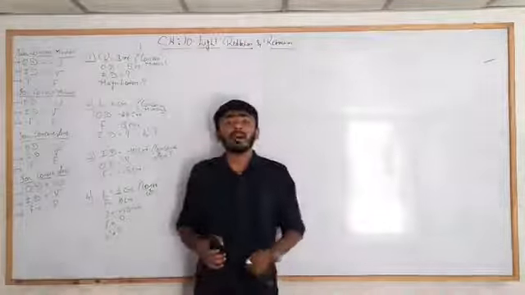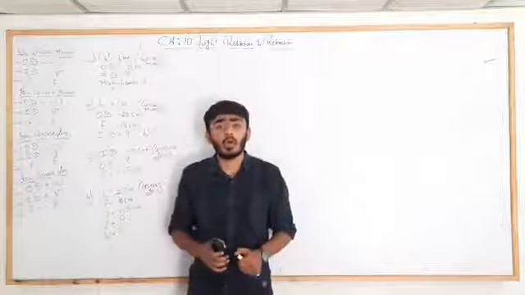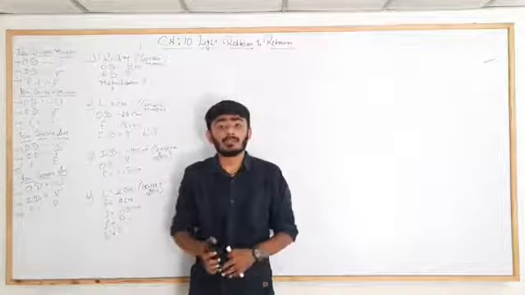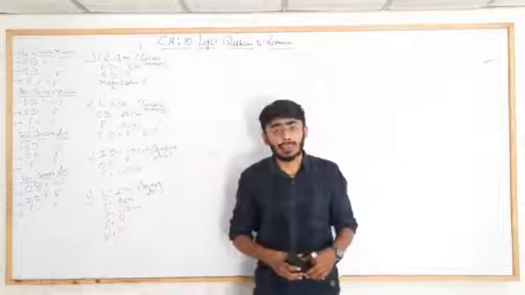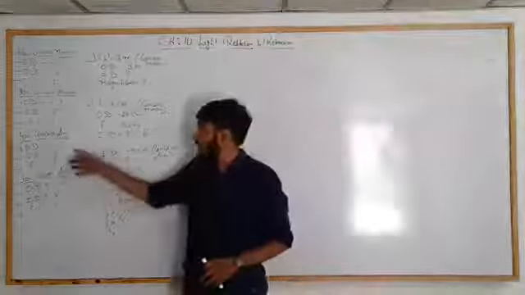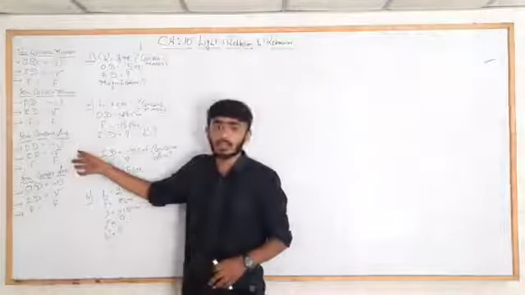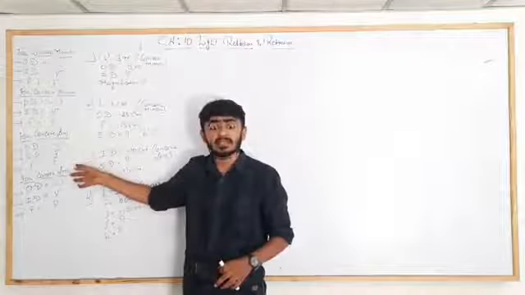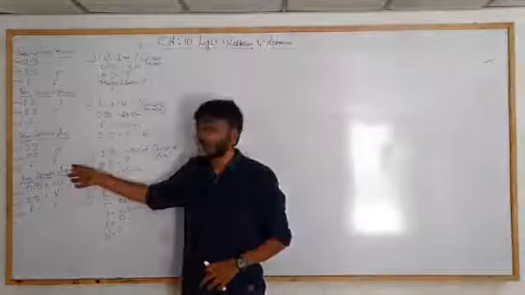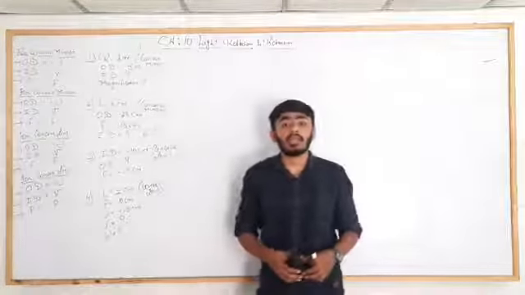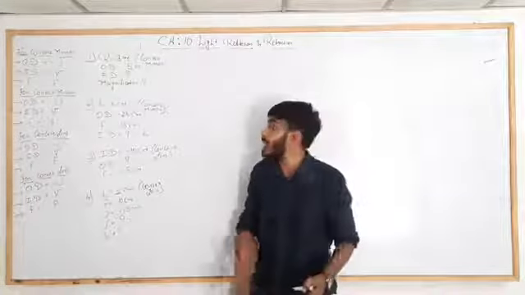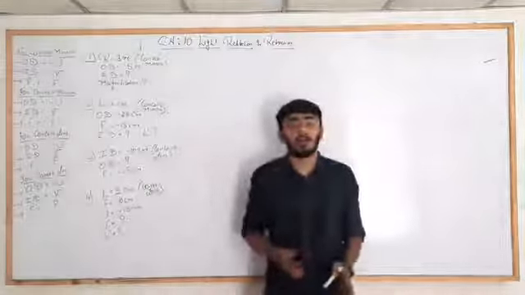The next thing is about the concave lens and a convex lens. The same things resemble over here as for the mirror. In a concave lens, everything will be negative. Say it is an object distance, then minus U. If it is image distance, minus V, as well as the focal length, that is also minus F. So each and everything is negative for the concave lens as well as the concave mirror.